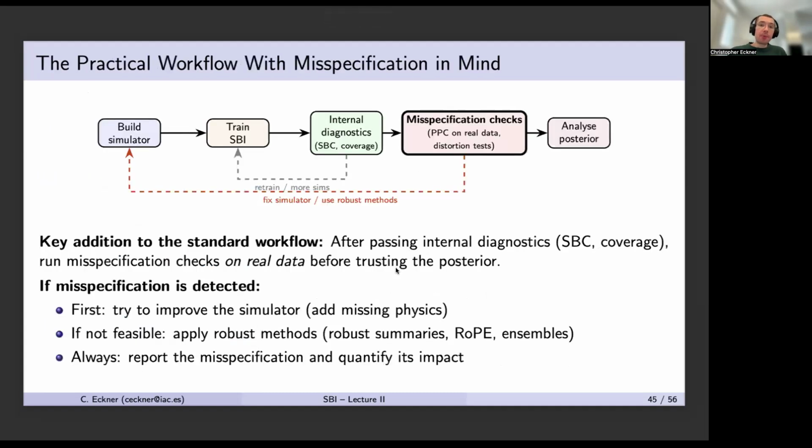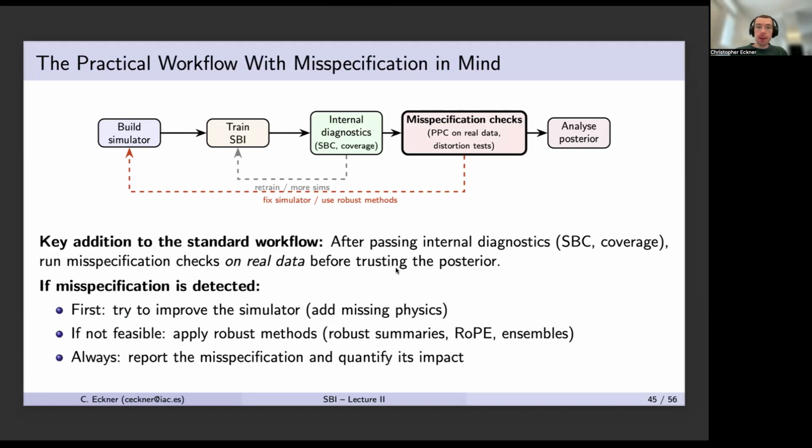So, what is the practical thing you then do in order to perform simulation-based inference, including model misspecification checks? Well, you should look at what method you're using, then decide whether or not you perform sequential inference.